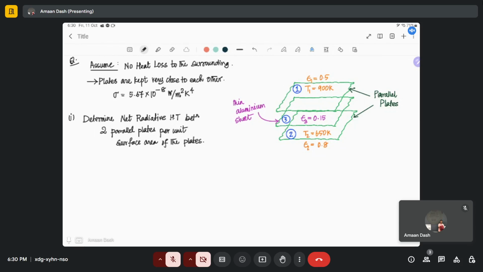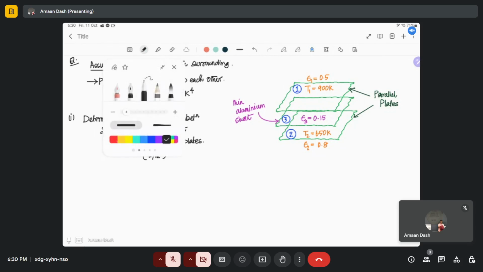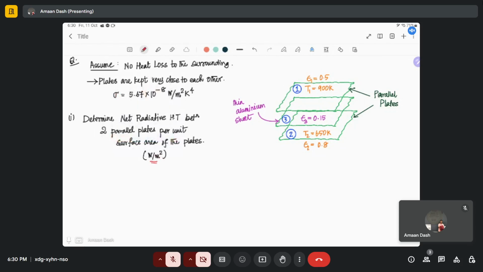That is to reduce any kind of loss to the surrounding. And this is obviously a radiation question, so you can consider Stefan-Boltzmann constant to be 5.67 times 10 to the power of minus 8 watt per meter square Kelvin to the power 4.